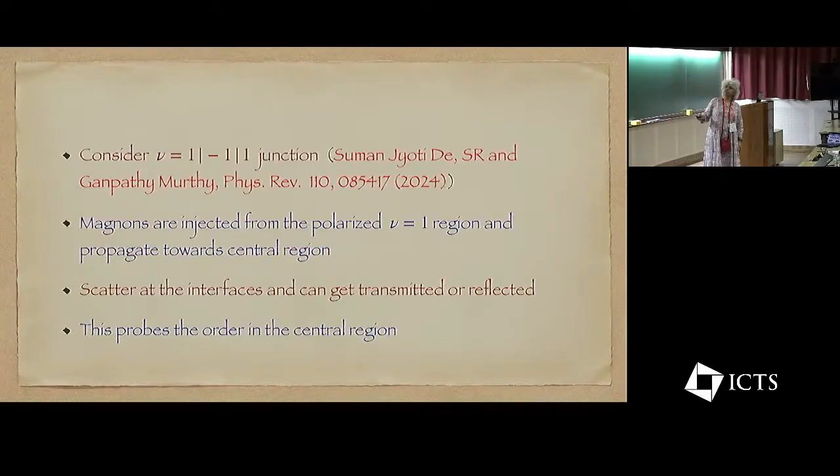So what we did was consider a 1-1 junction, where magnons are injected from the polarized nu equals 1 region. They propagate towards the central region, and at each of these interfaces you have scattering. You can have either reflection or transmission, and this will probe the order in the central region. That was the idea.